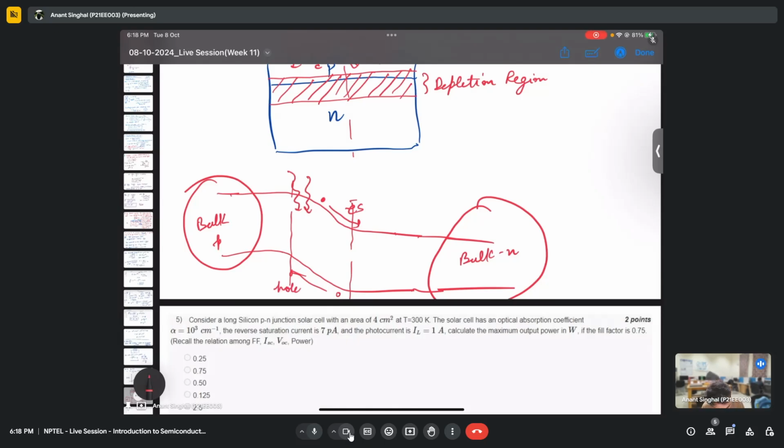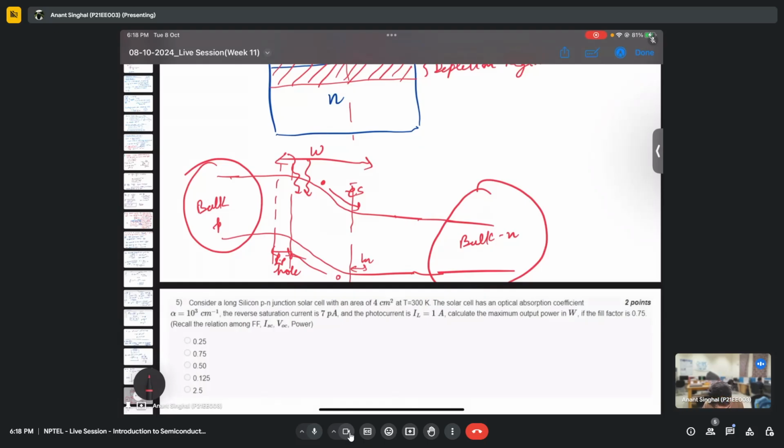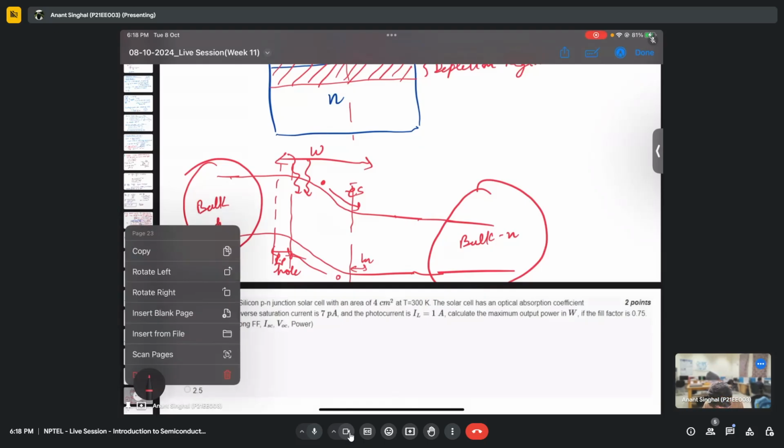The diffusion length in the P side will be LP, and in the N side will be LN. The total depletion width is this thing. So this is very basic.